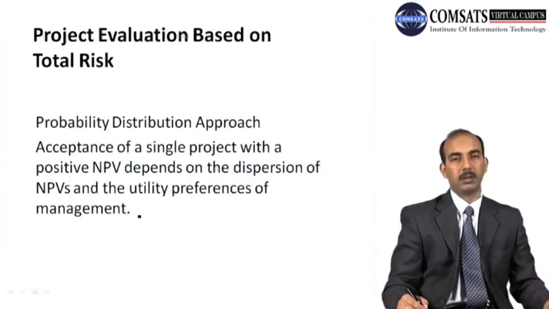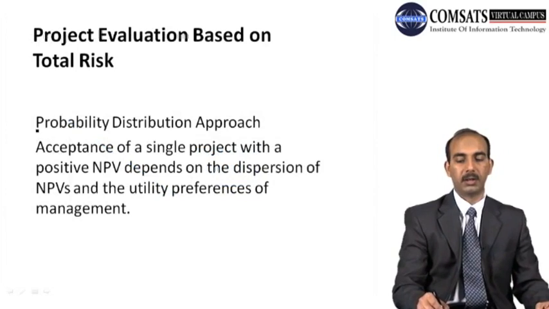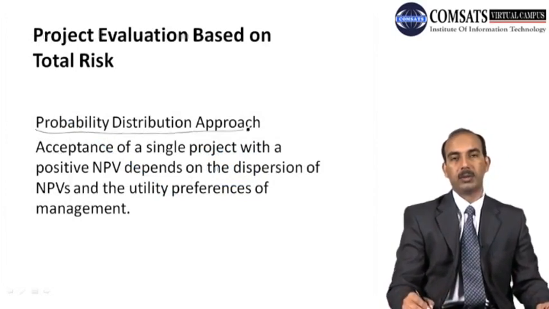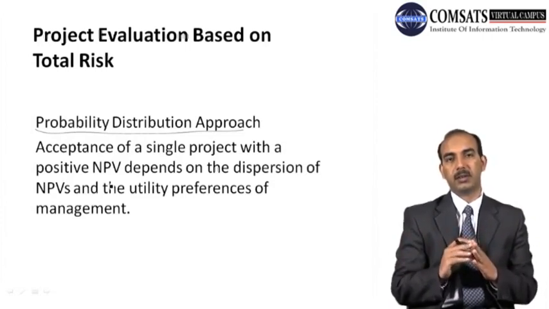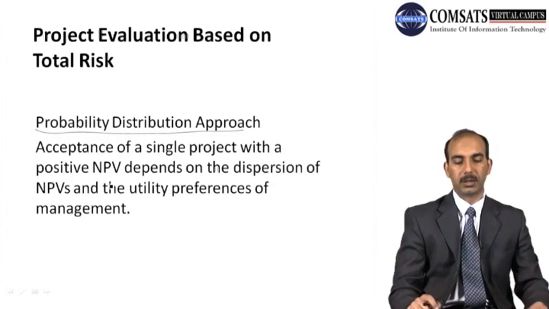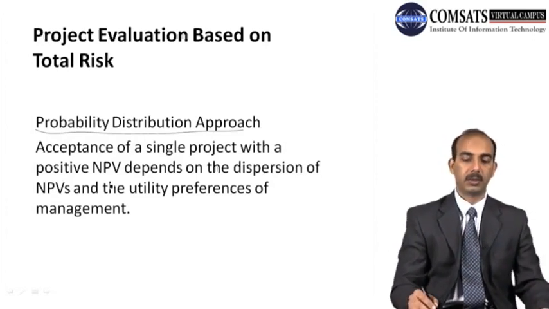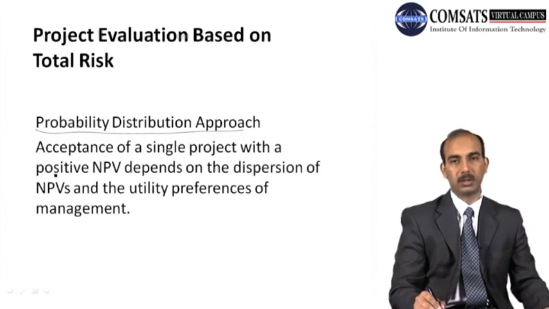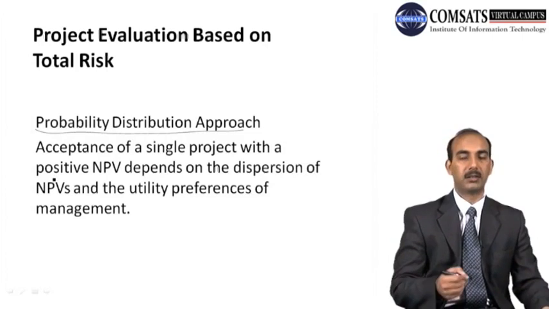And now the project evaluation based on total risk. So we have the probability distribution approach here. We use the net present value and the standard deviation and we plot it on a graph, and then we decide based on that information. So the standard deviation actually is the risk. So we take the probability distribution and we will be using the information like coefficient of variation and standard deviation.